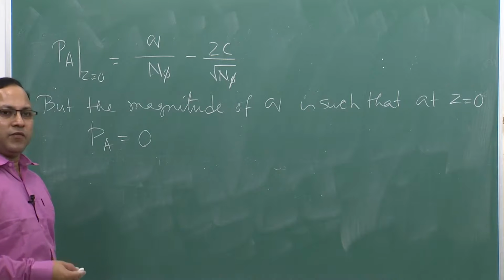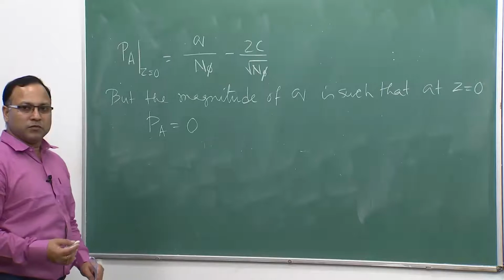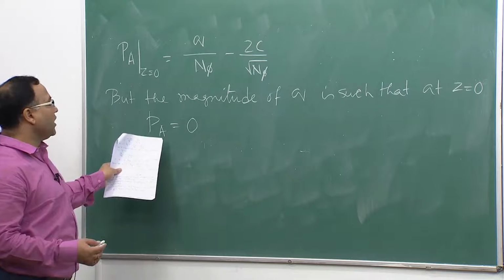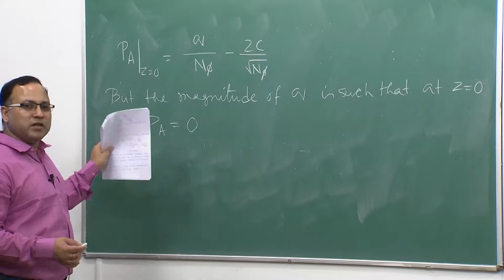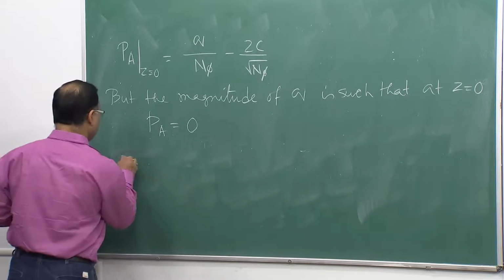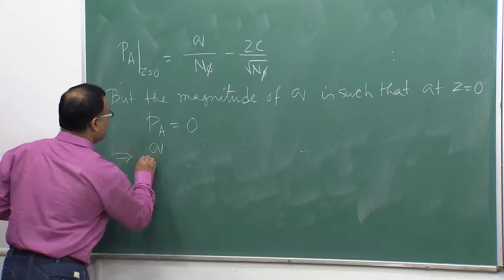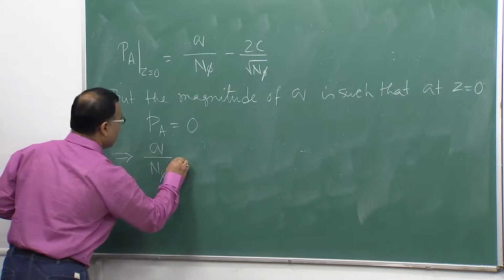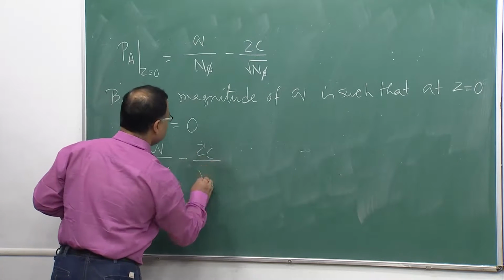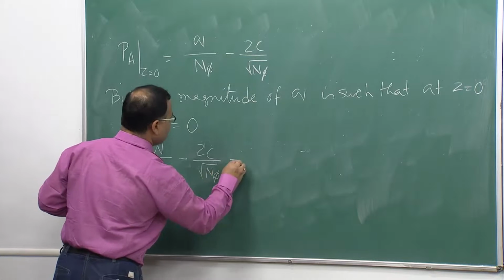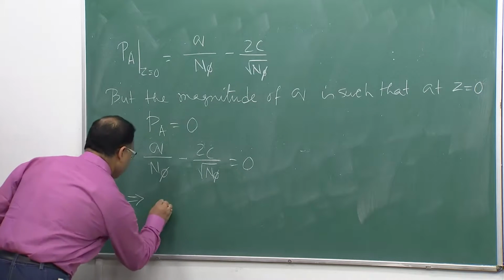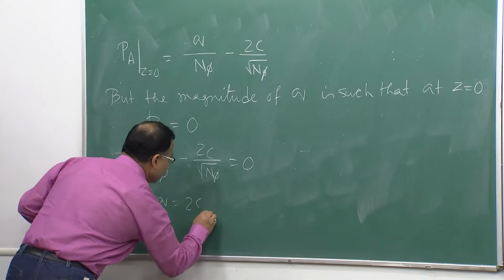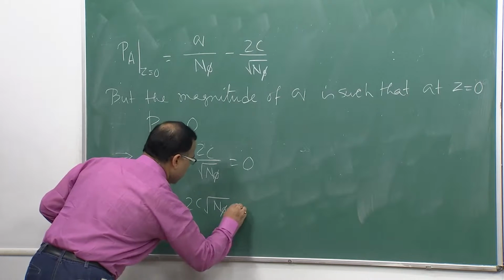This is the condition for applying Q. After application of Q, I will be getting the active earth pressure at point A, that is at the top of the wall, as 0. So, if that is true, I can write down Q by n phi minus 2 c root over n phi is 0, which gives me Q equal to 2C root over n phi.